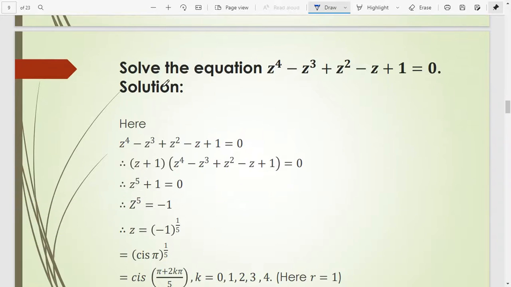Now a new example. Solve the equation z raised to 4 minus z cube plus z square minus z plus 1 is equal to 0.